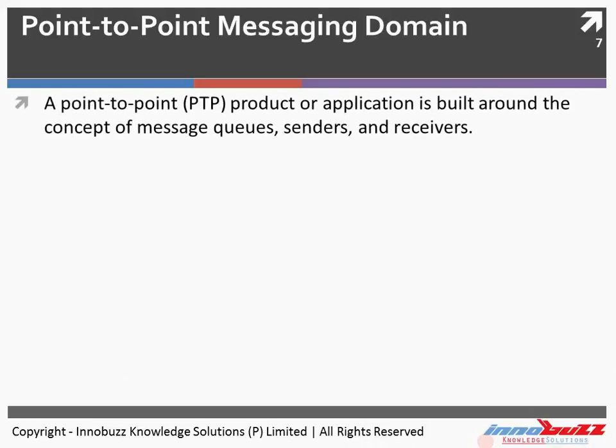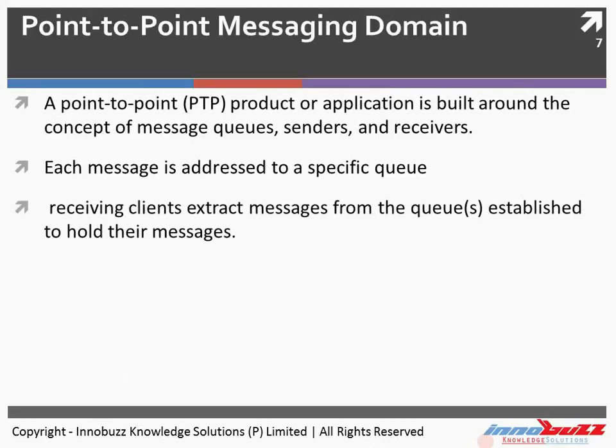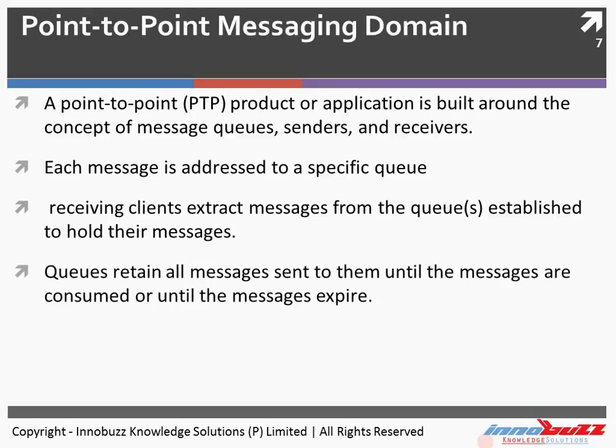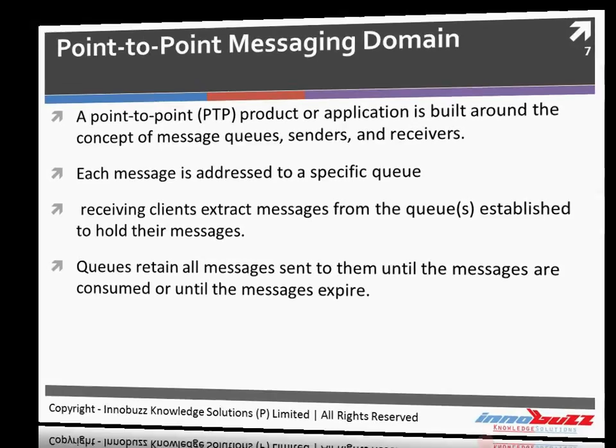A point-to-point product or application is built around the concept of message queues, senders, and receivers. Each message is addressed to a specific queue. Receiving clients extract these messages from the queues established to hold their messages. The queues retain all messages sent to them until the messages are consumed or until the messages expire.